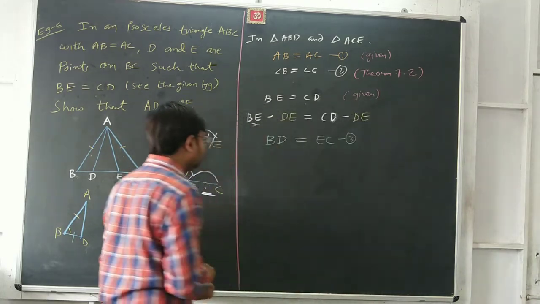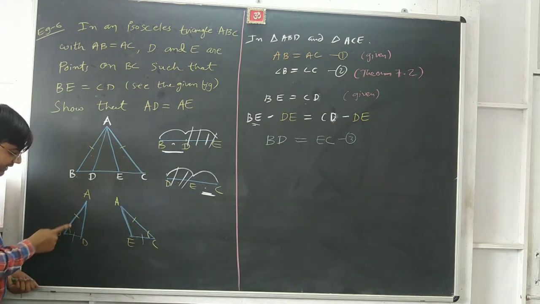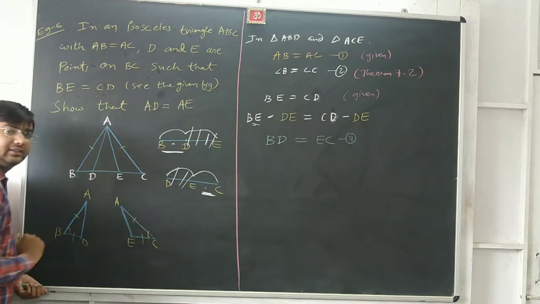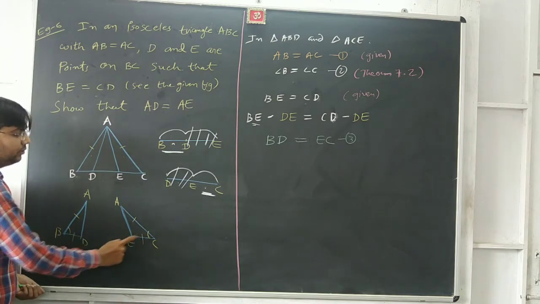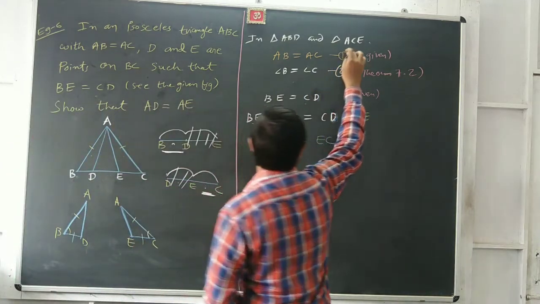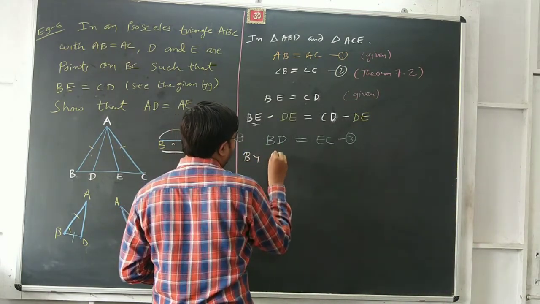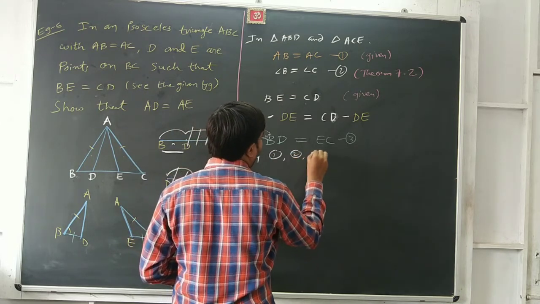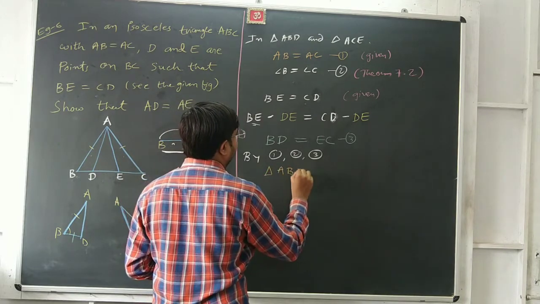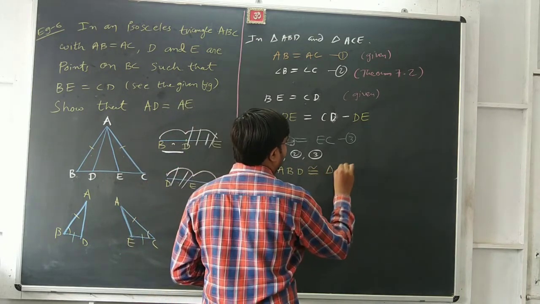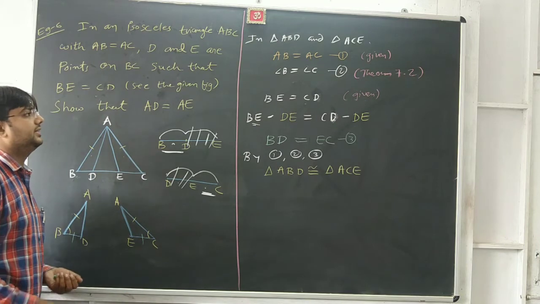Now look here: side angle side. Here AB is equal to AC, angle B is equal to angle C, and BD is equal to EC. So by equations first, second, and third, we can write that triangle ABD is congruent to triangle ACE.